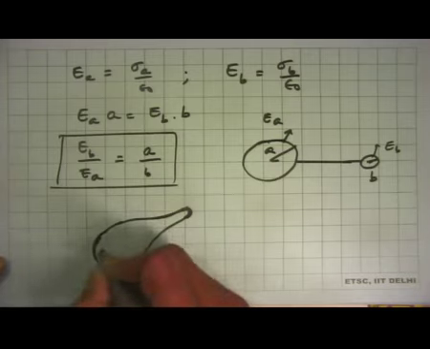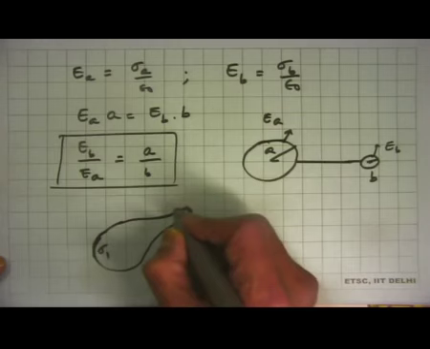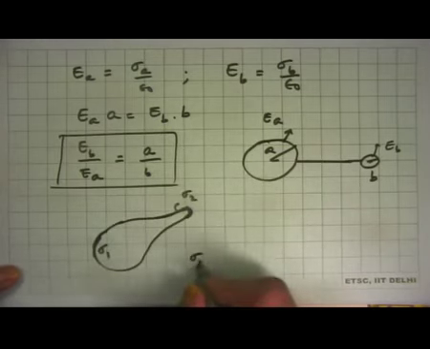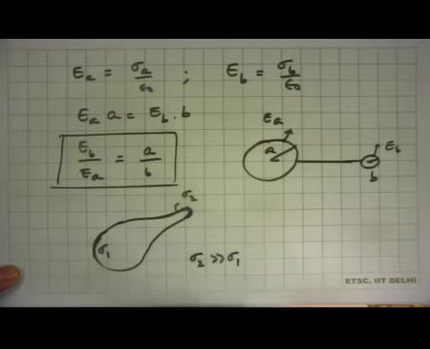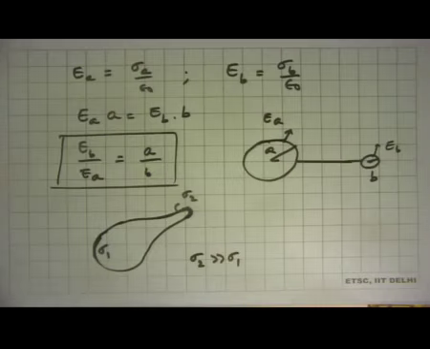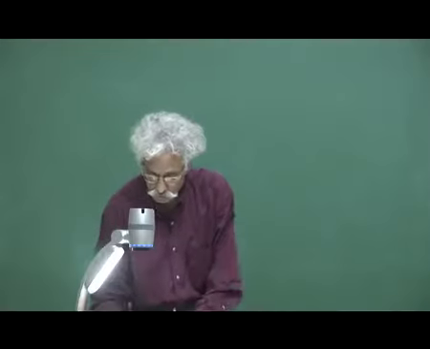So, suppose I call this sigma 1 here and sigma 2 here. The sigma 2 will be much bigger than sigma 1, and so the electric field at this point will be much stronger.